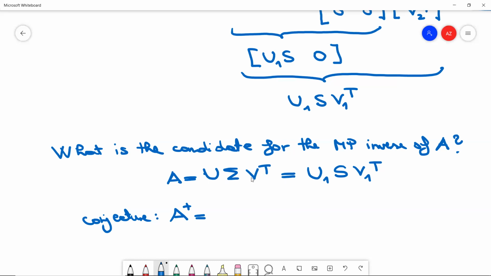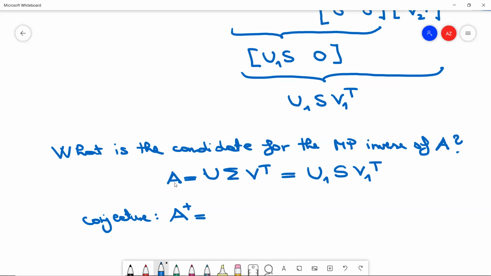And since V is orthogonal, V transpose inverse is just V. Sigma inverse is just a diagonal matrix with inverted diagonal entries, and U inverse is just U transpose. So this would be the case if A was invertible.